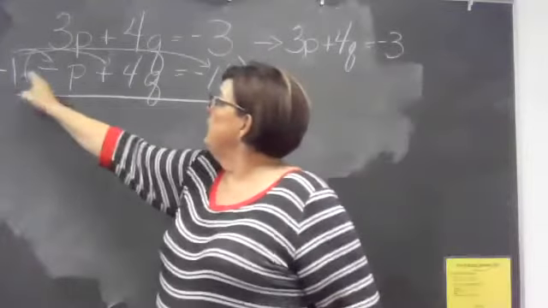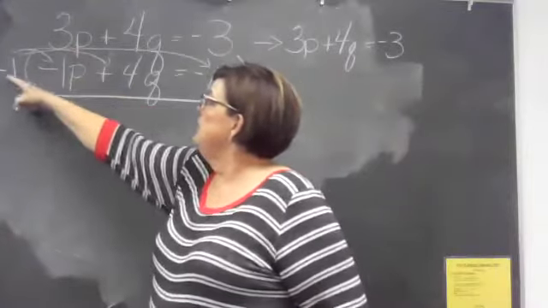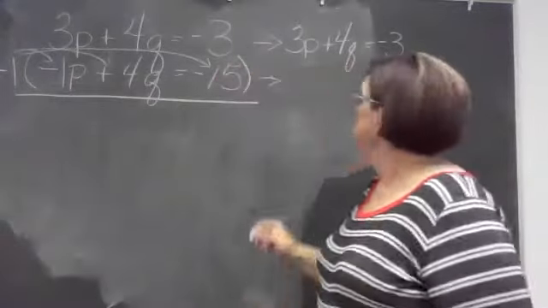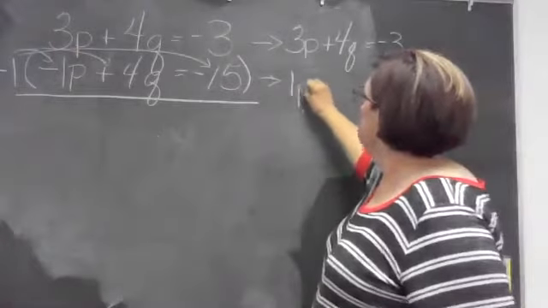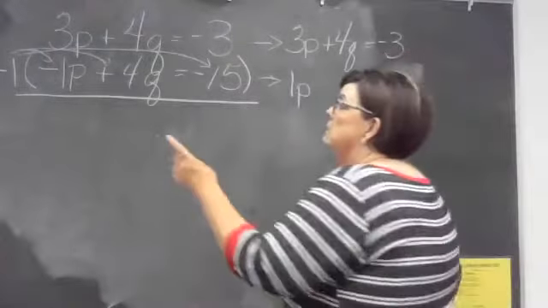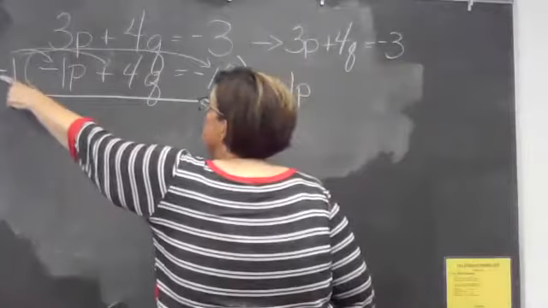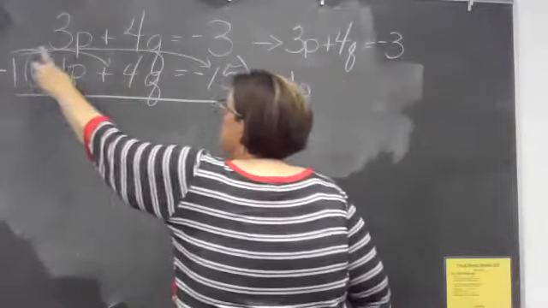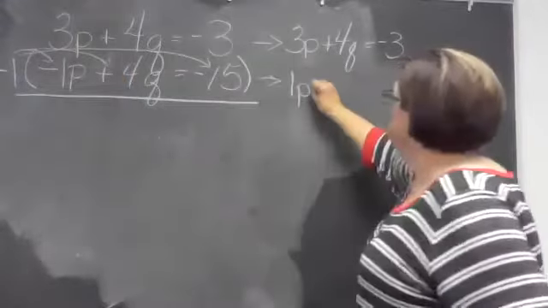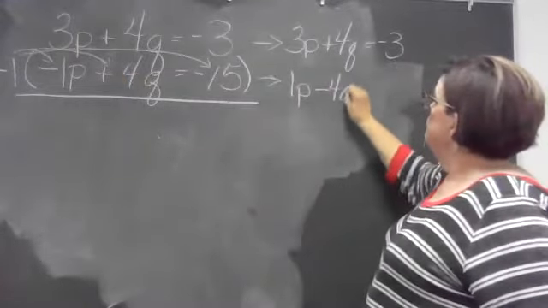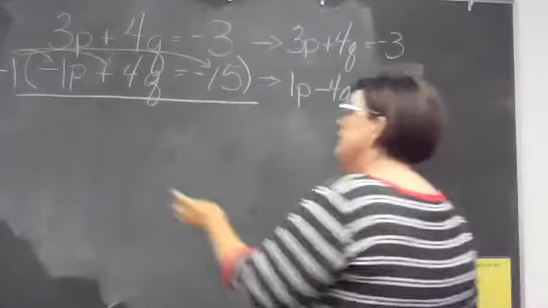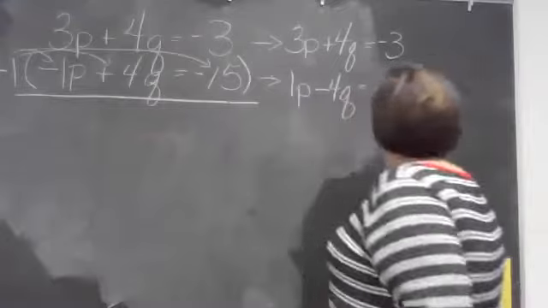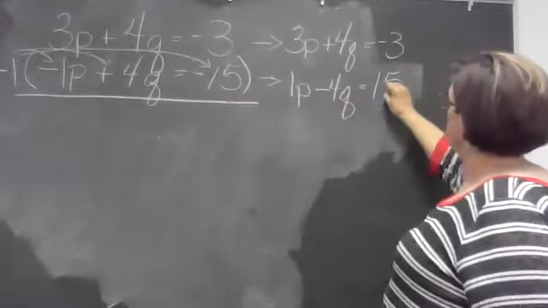So -1 times a -1 is a +1, right? So 1p. Stop me when you get confused. Now we have a -1 times a +4. -1 times a +4 is -4q equals, and one more time, a -1 times a -15 is a +15.